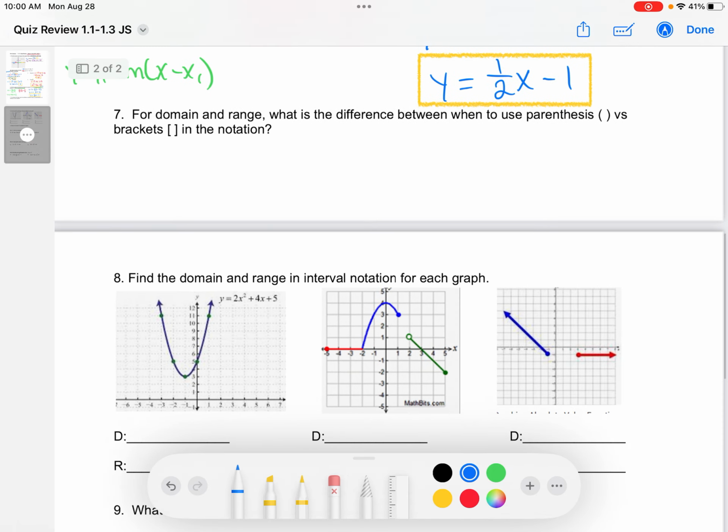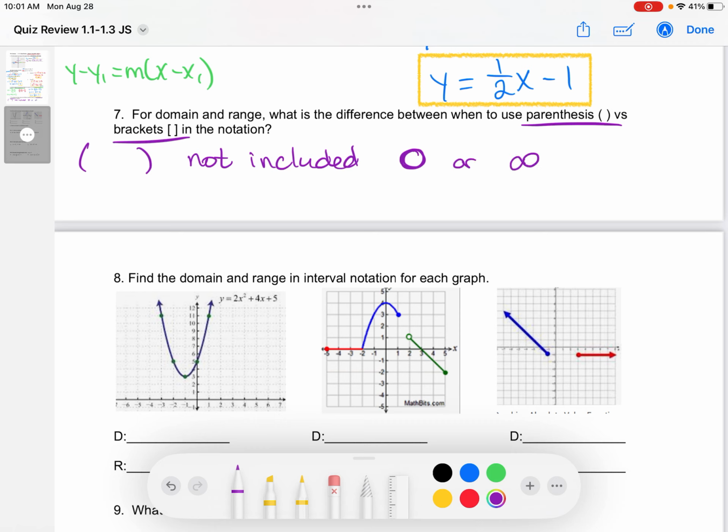On 7, it wants us to discuss the difference between when to use parentheses versus brackets in the notation. Parentheses are when the value is not included, meaning it is an open circle, or it's an infinity, or it could be an asymptote that the graph is approaching.